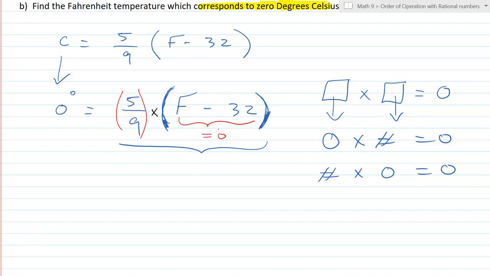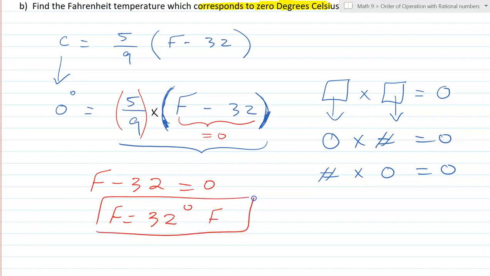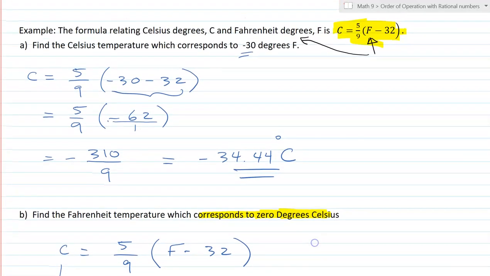So what should be the value of F to make F minus 32 equal to 0? Well, F has to be 32 degrees Fahrenheit, because 32 minus 32 is 0, and therefore 0 times any number, 5/9, doesn't matter, is 0. So that's what you do with questions like that. That's an application of rational numbers.